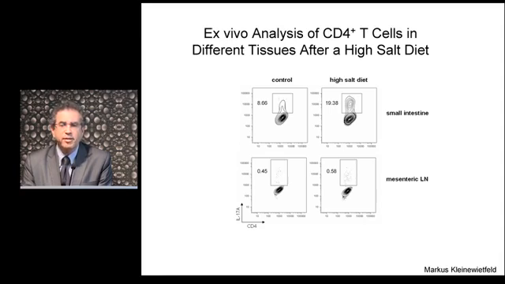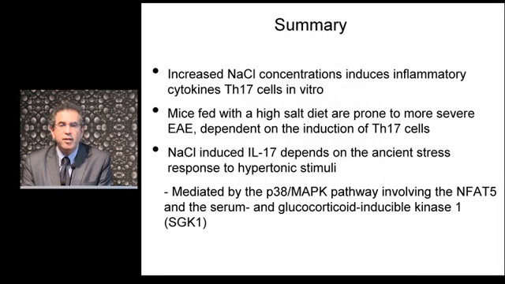If one looks at small intestines, one sees the high salt diet induces these inflammatory IL-17 secreting cells. So increased sodium concentration induces inflammatory cytokines. Mice fed the high salt diet are more prone to severe EAE, and it depends upon the ancient stress stimuli related to MAP kinase inducing NFAT5 and SGK1.